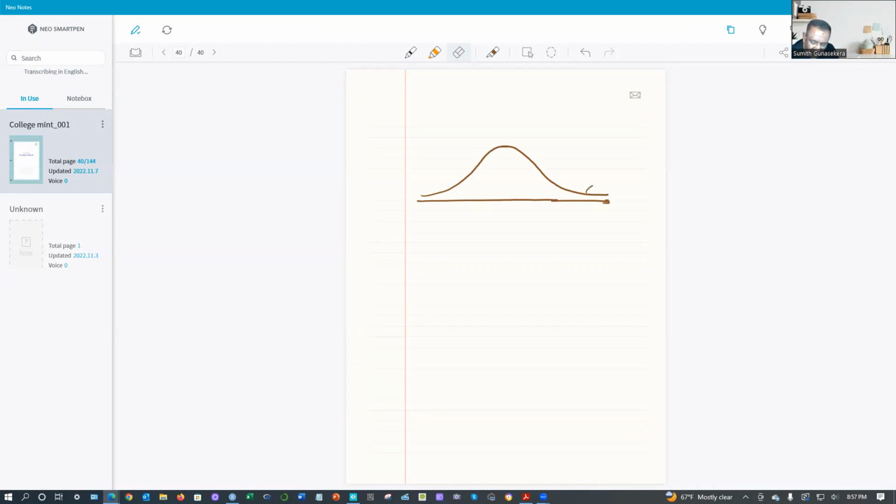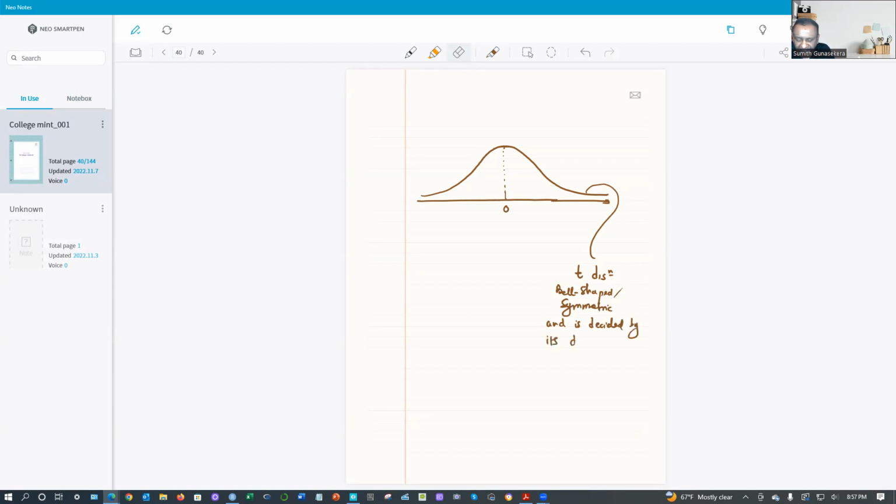It's very similar to the Z distribution or normal distribution: bell shaped and symmetric, with a center at 0. It is decided by its degrees of freedom.